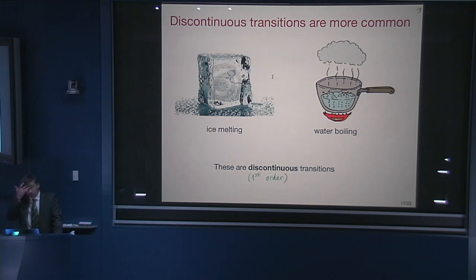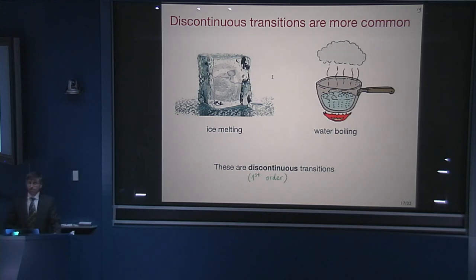So I'm going to talk about thermodynamics, about phase transitions. I have to remind you what these phase transitions are. The phase transitions that most of you are familiar with are so-called discontinuous phase transitions.